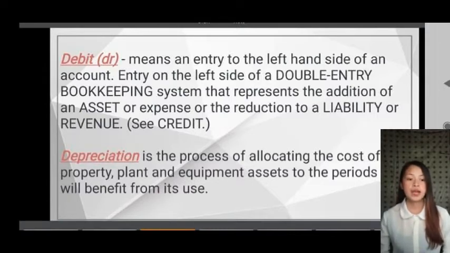It also happens when assets lose value over time until the value of the assets becomes zero. Depreciation can happen to fixed assets including office equipment, computers, machinery, buildings, and so on.